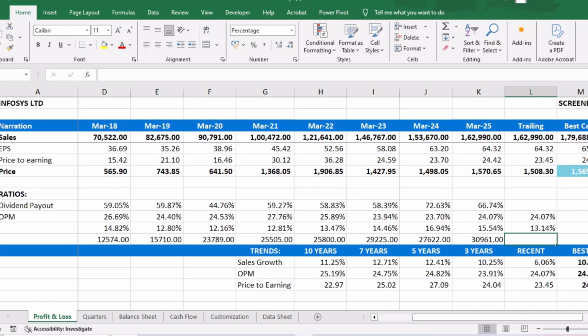It is around 13%. So on an average, the company charges depreciation of 13% on its fixed assets.